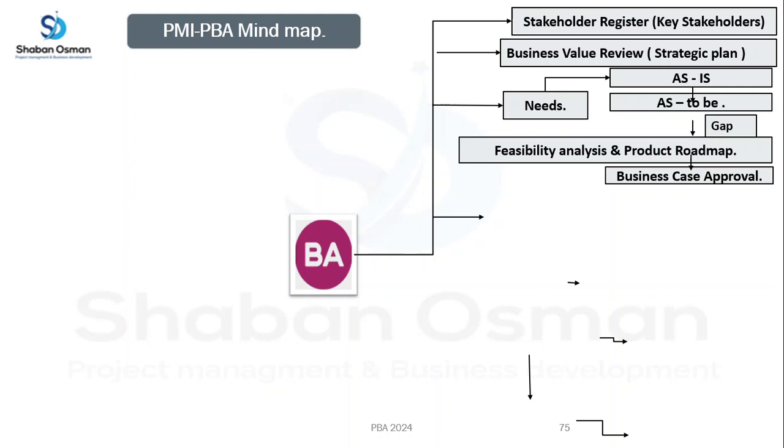So the main output from business value assessment is to identify business problems and business opportunities. The difference between the current state assessment and the future state assessment will be the gap analysis. So gap analysis again is the difference between as-is, which refers to the current state, and to-be, which refers to the future state.